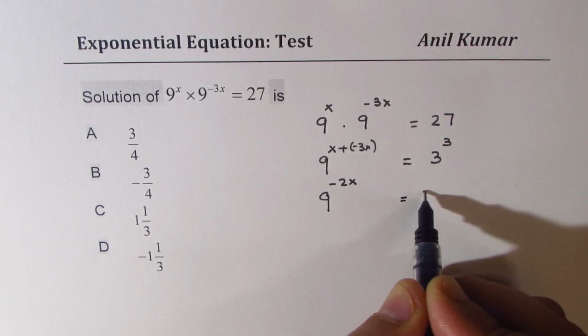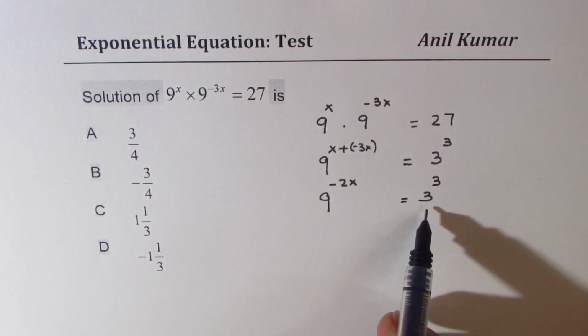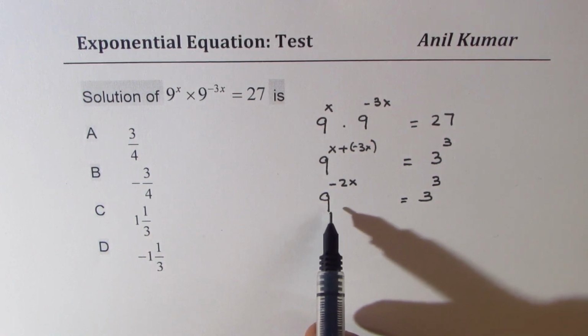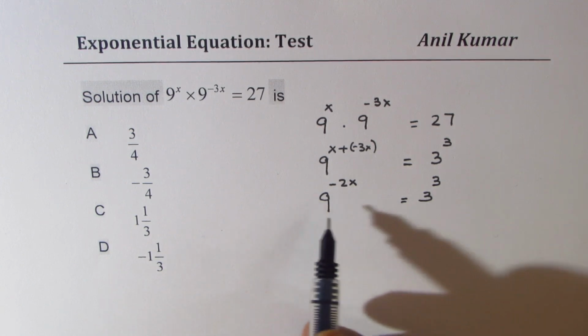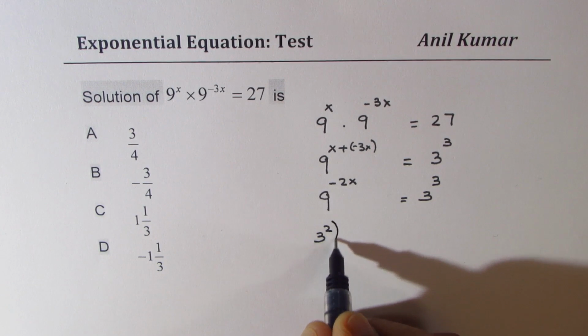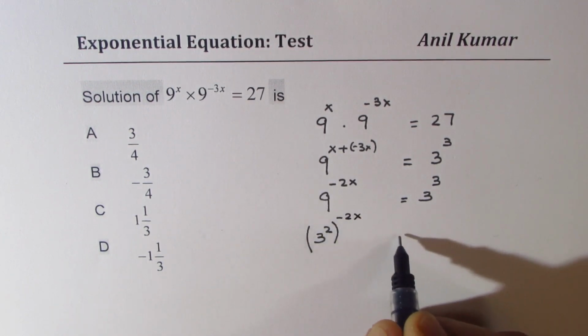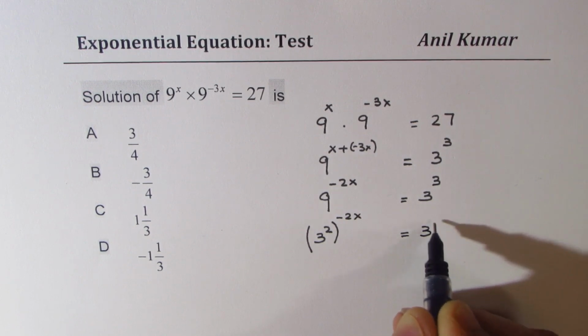Equal to 3 to the power of 3. Now since the base is 3 on the right side, we should convert this 9 also to the base of 3. So it becomes 3 squared. So 9 is 3 squared. So we can write this as 3 squared to the power of minus 2x equal to 3 cubed.